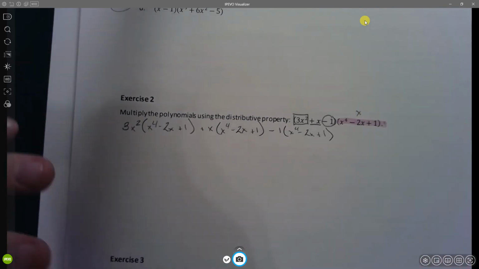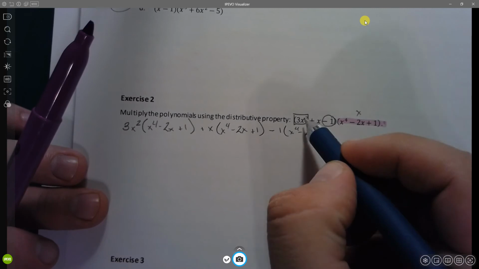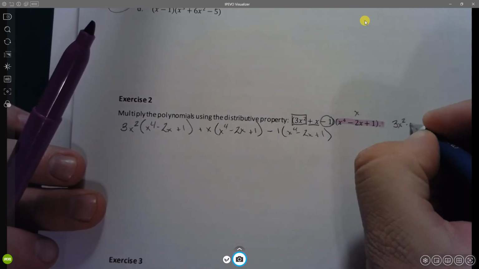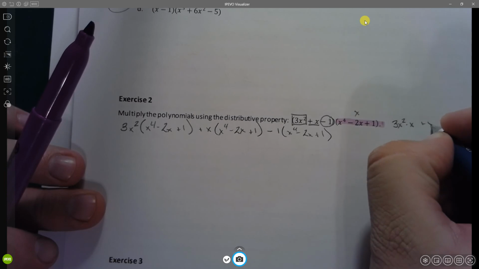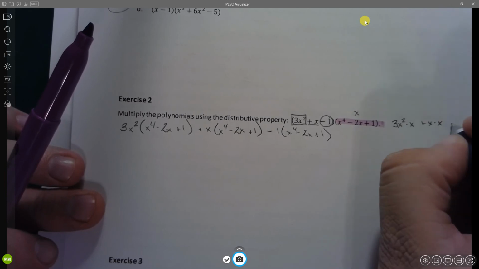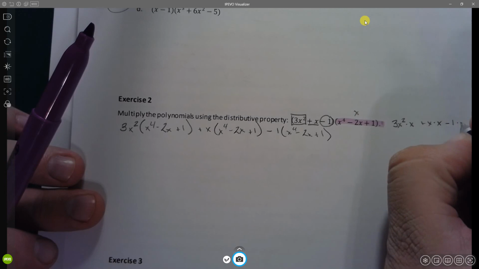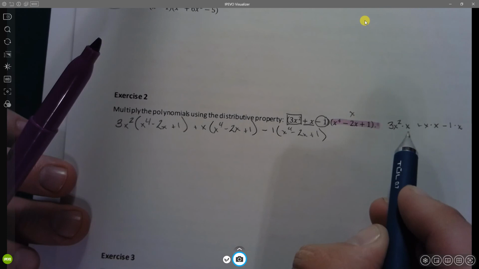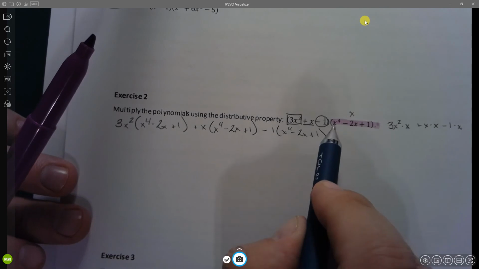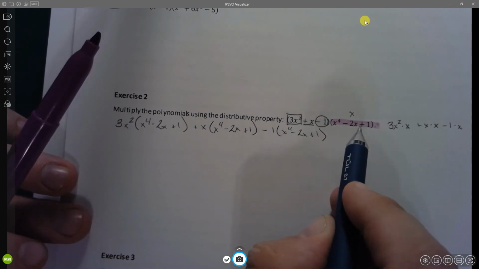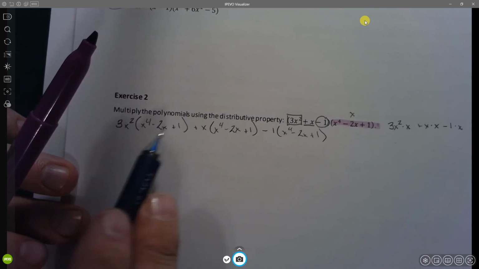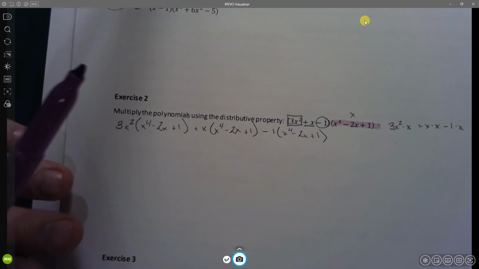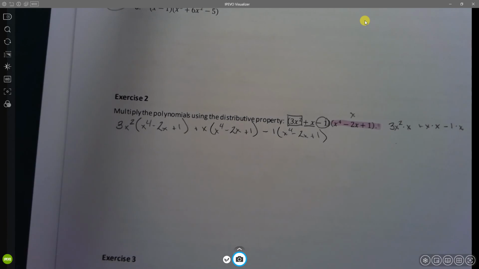Well, according to the distributive property, each one of these terms would be multiplied by x. 3x squared times x plus x times x minus 1 times x, correct? So what I did is I imagined that instead of an x being there, I had this term right here. So everywhere there was an x, I substituted what should have been there. So I went outside the box a little bit to come up with my answer.